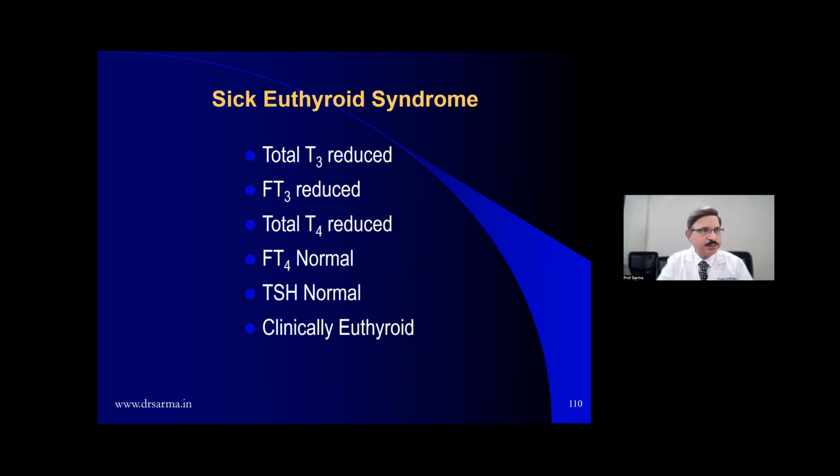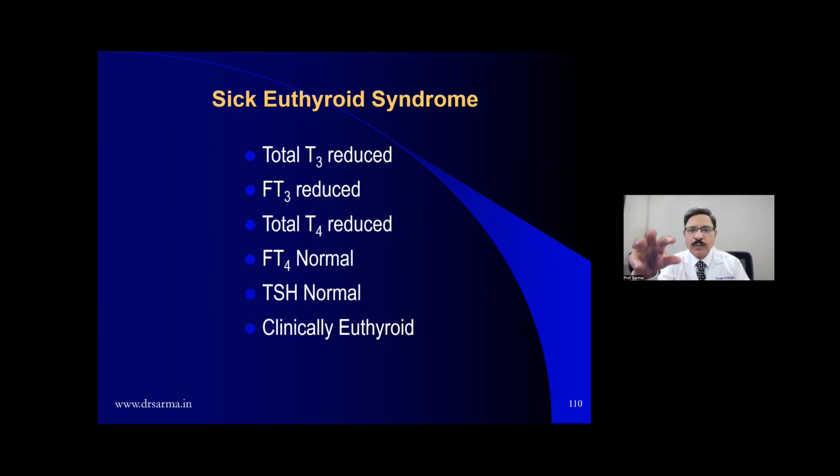SICU thyroid. What is SICU thyroid syndrome? Total T3 is reduced, FT3 also is reduced, total T4 also is reduced, FT4 is normal, and TSH is normal. Normally we do only TSH and FT4, but the fellow is clinically euthyroid and FT4 and TSH are normal.